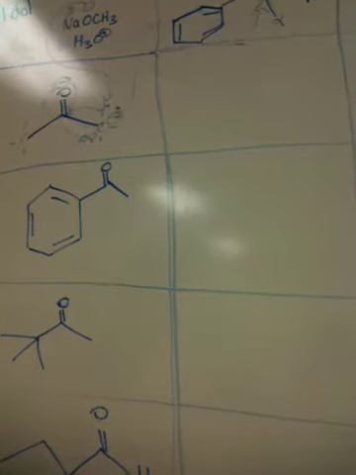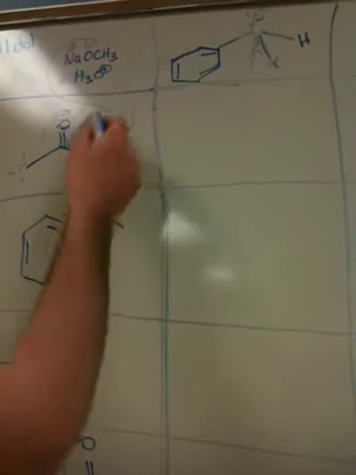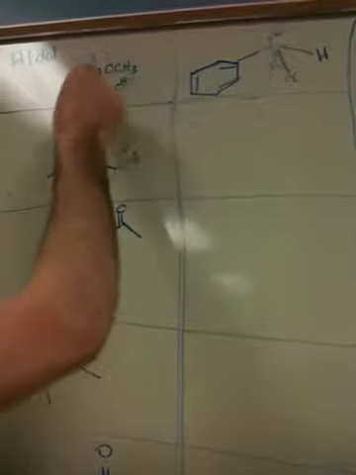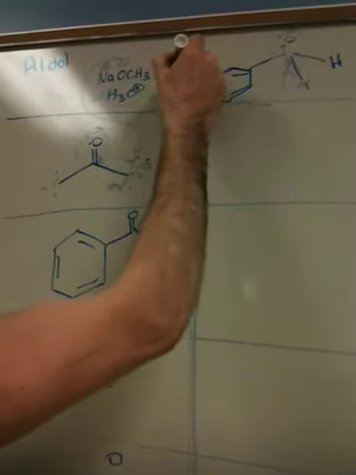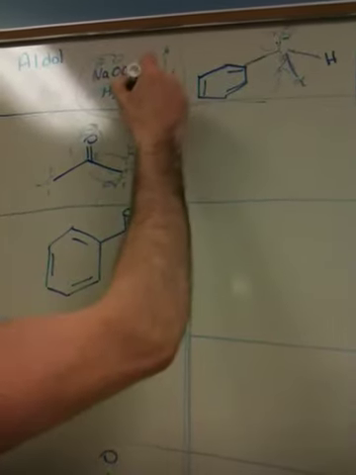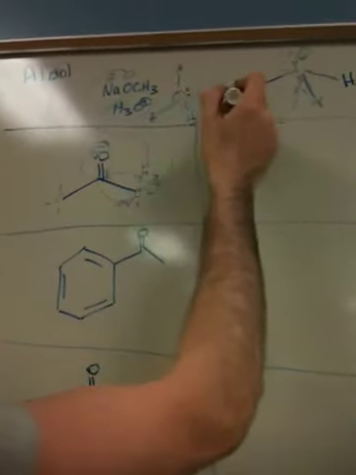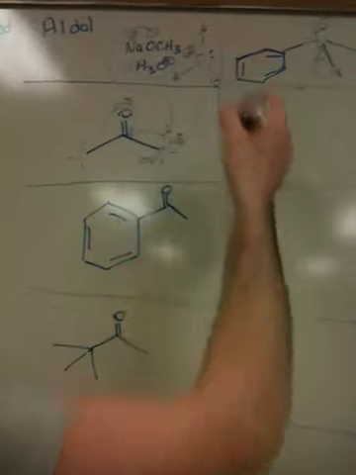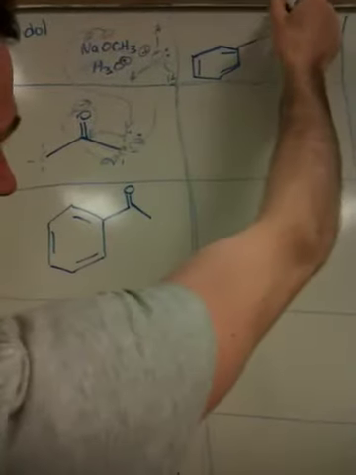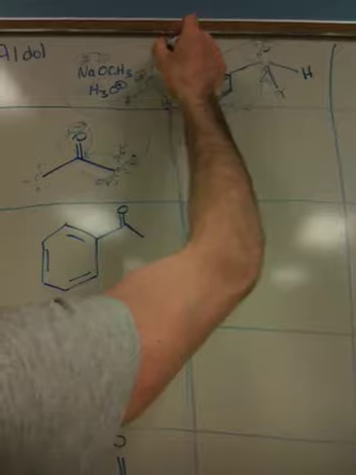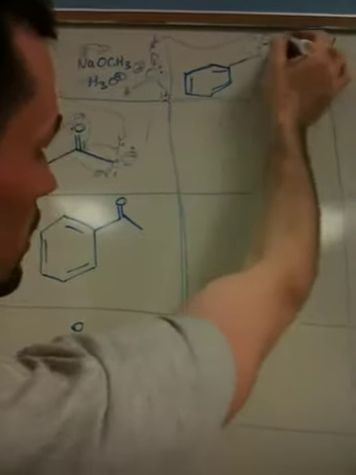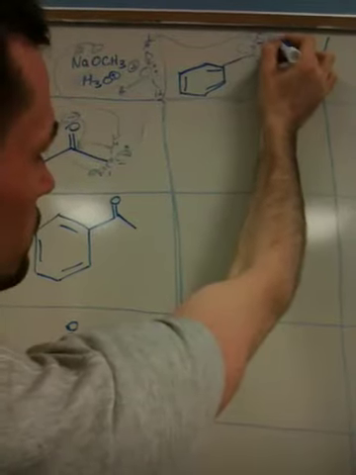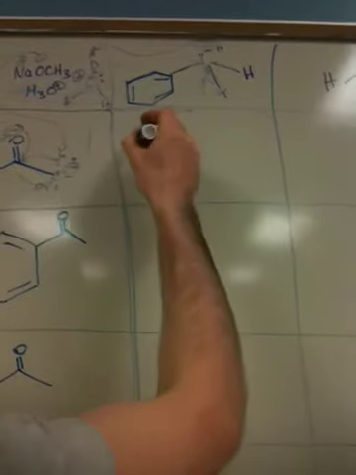So what you do here is, since there's an acid here, the acid looks like this, a plus charge. So this goes like this, grabs an H, that goes like that, makes water, and this now becomes an OH. So the product ends up being this.